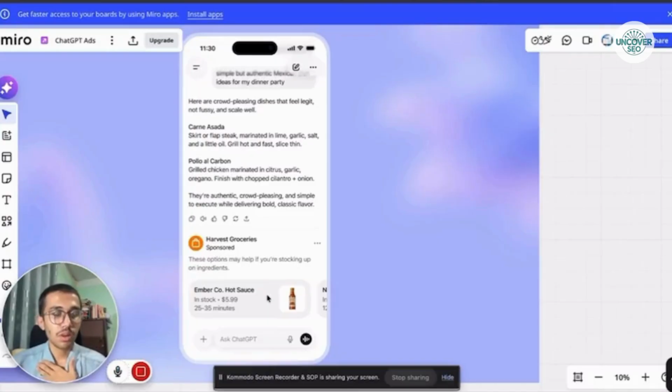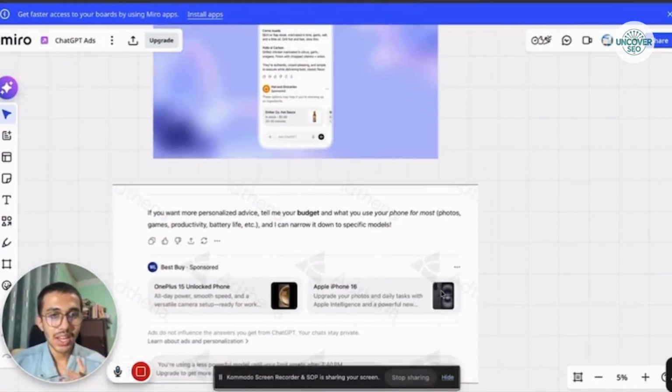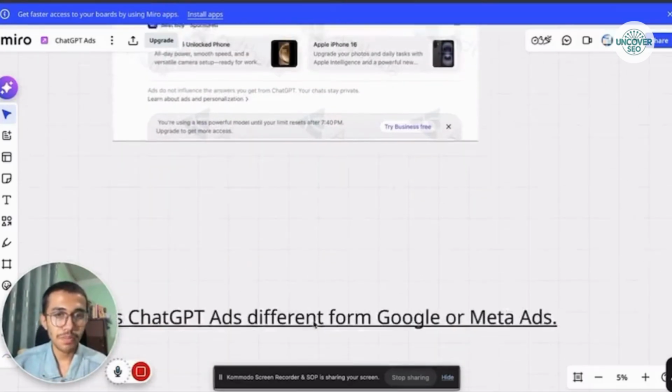Also, if I ask about the best shampoo for my hair, the ad will likely be about shampoo or conditioner, which is also highly contextual. That's how ChatGPT ads exactly work, and this is the ad that we have been seeing recently.